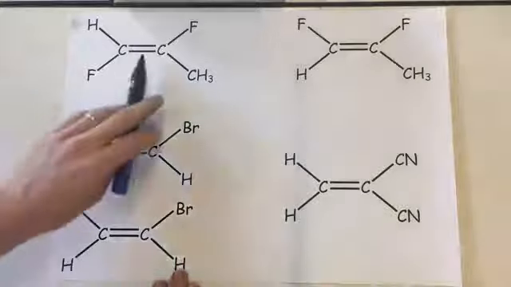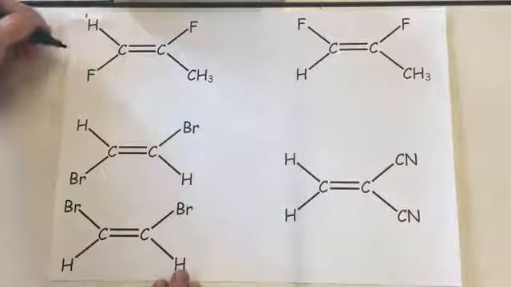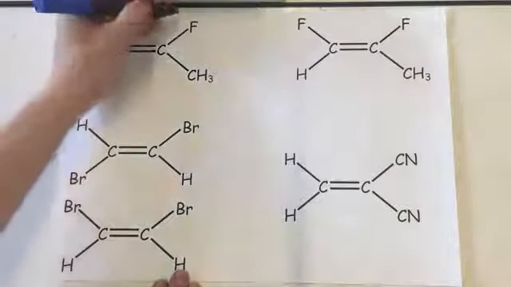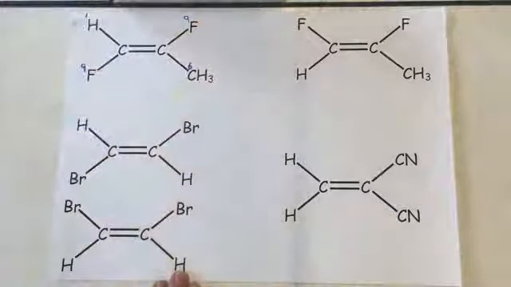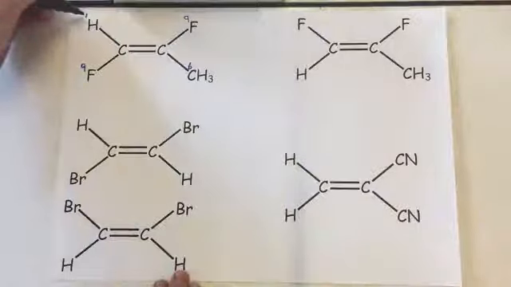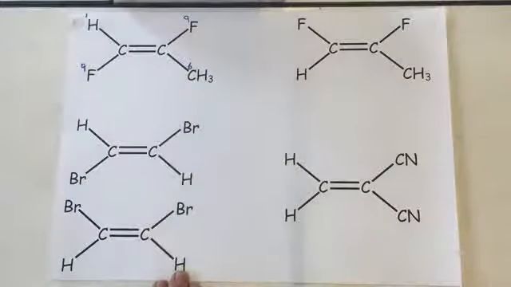If we start on this structure just here, if we identify all of our atomic numbers of the direct atom that is bonded to each carbon in the double bond, what we can see is that we are concerning ourselves with the 1 of hydrogen, 9 of fluorine on this side, and the 6 of the carbon.